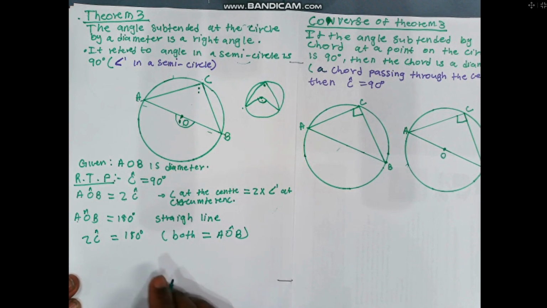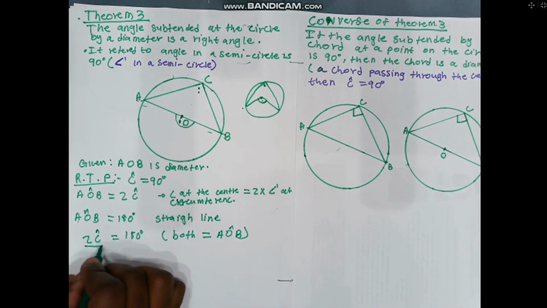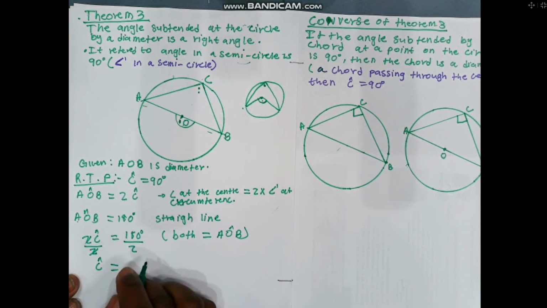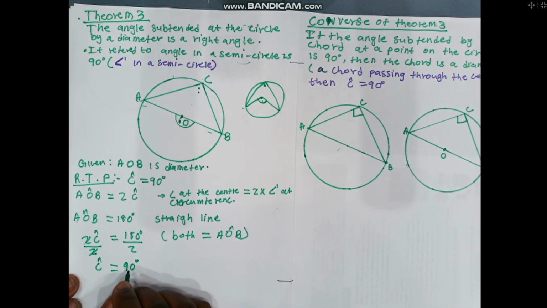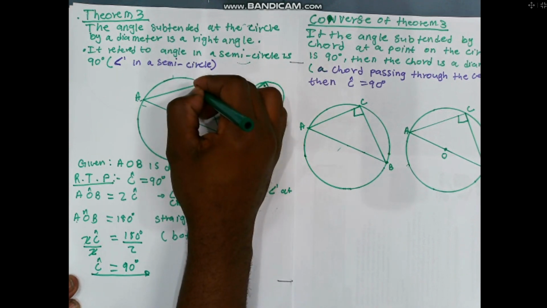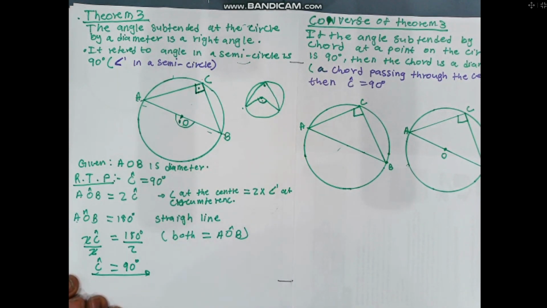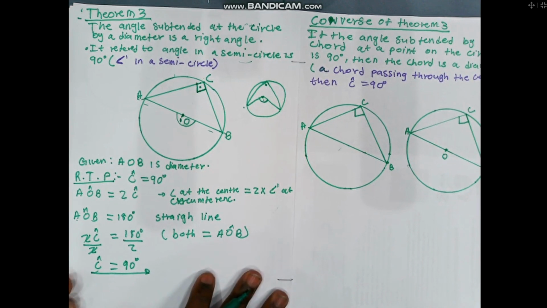Now from here, we just solve for C. How? By just dividing by 2. Dividing by 2, this one cancels this one, and then C, 180 divided by 2 is just 90 degrees. I hope you get it. Now we've proven that this angle here is 90 degrees.